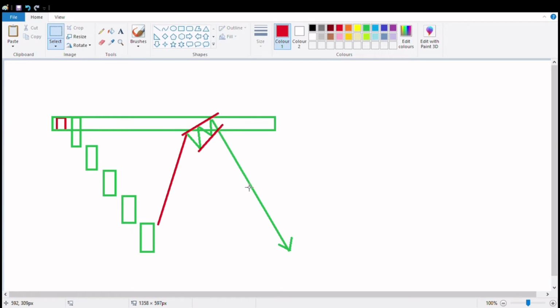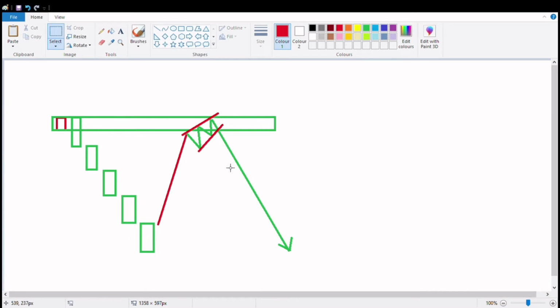Therefore, I enter to the bottom, set my stop loss just above the chart pattern, and then take profit at the low of the last consecutive candlesticks.